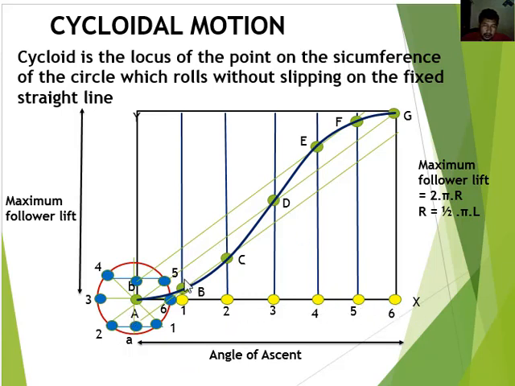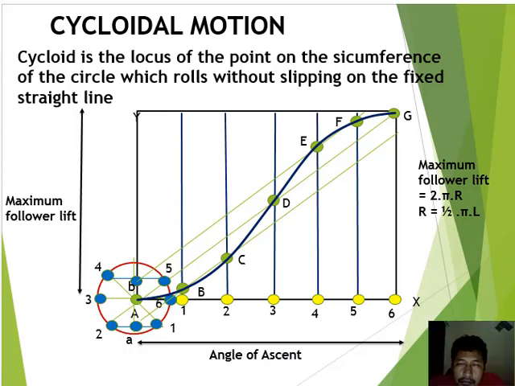Draw the vertical line like this. So we have 6 parts on the circle and 6 parts on the vertical line for the cam motion. You can look at the illustration for the circle and the linear motion of 6 parts.